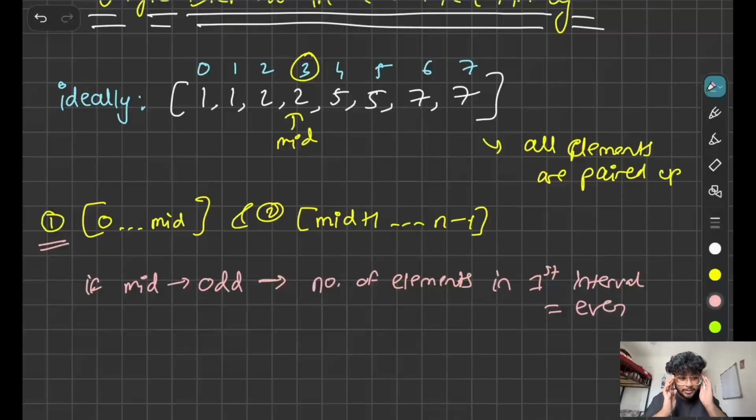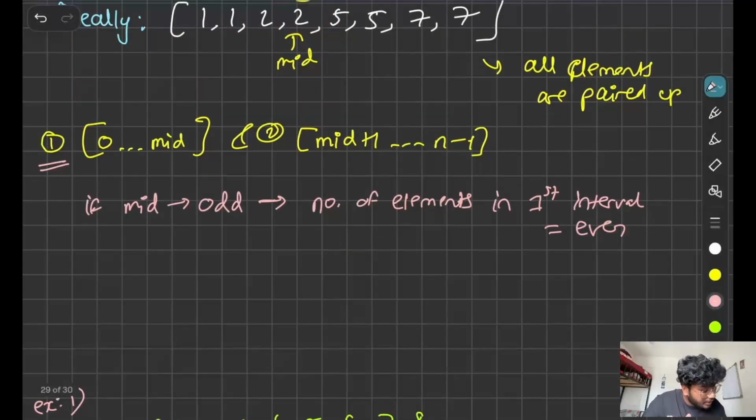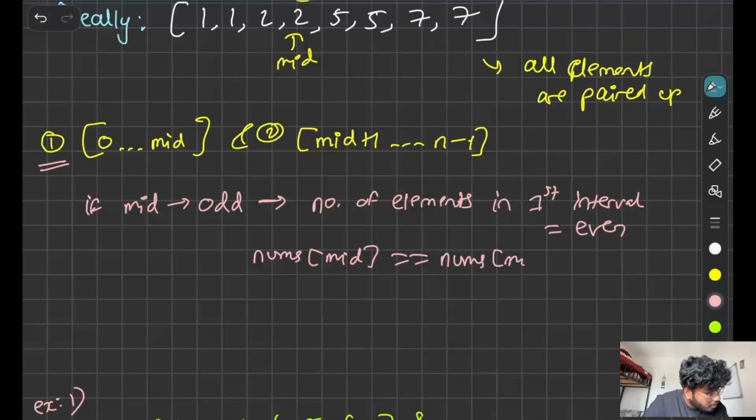If each number is paired up, and mid is my last element, then the pair of the mid element should be just before it, not after. As you can see from this example, this is my mid and this is the other duplicate of the mid. So ideally in this case, nums of mid should be equal to nums of mid minus 1, if mid minus 1 exists.